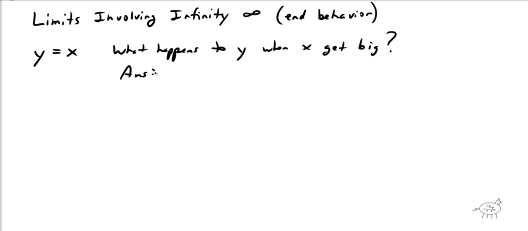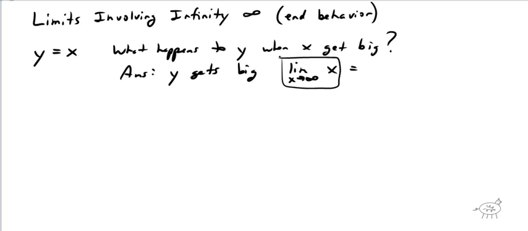As x gets really, really, really big, doesn't y get big too? So I would say the limit as x approaches infinity of the function x is equal to infinity. I'm telling you x is getting big, and this is saying what's y? Well, y is getting big too, so y is going to infinity.